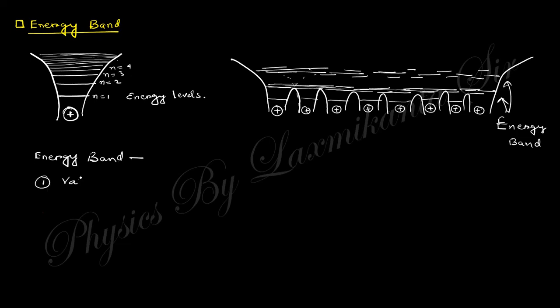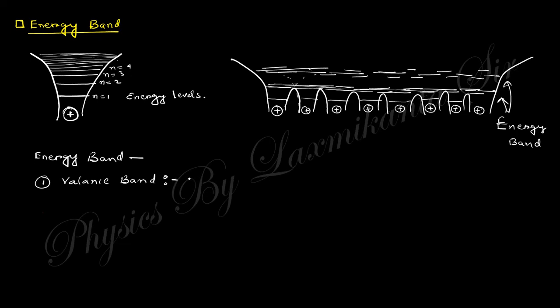The valence band. So the valence band is nothing but the band formed by the energy levels of electrons which are forming the valency.